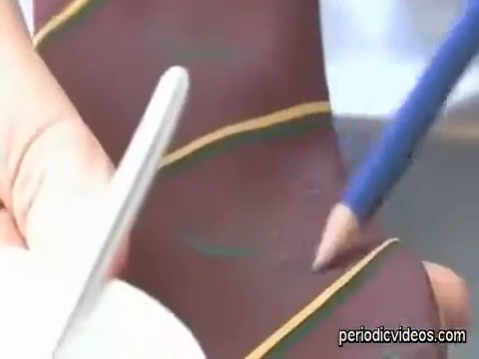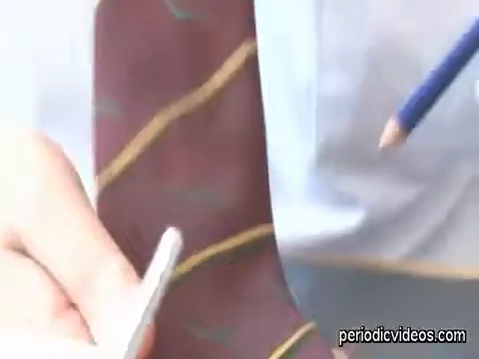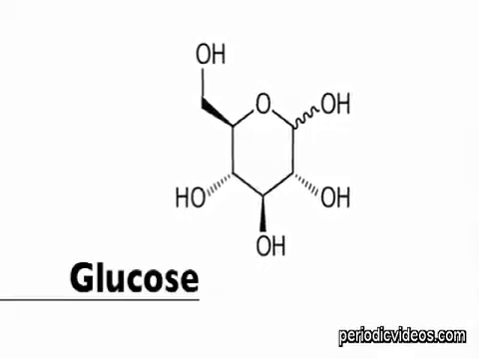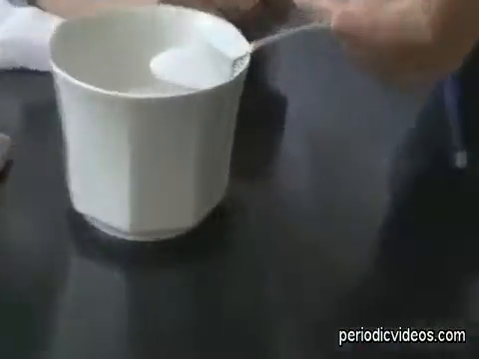Have a look at my tie, and you can see on here are some rings with 5 carbons and an oxygen, and these rings represent glucose. The unusual thing about glucose is that the rings of glucose can join together. If you join 2 rings together, you get sugar.